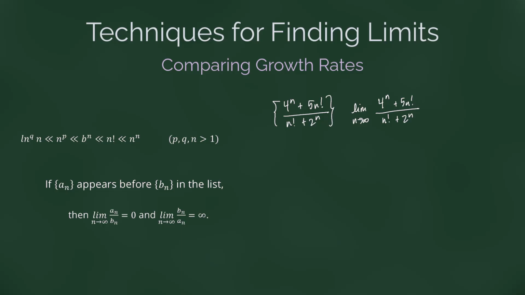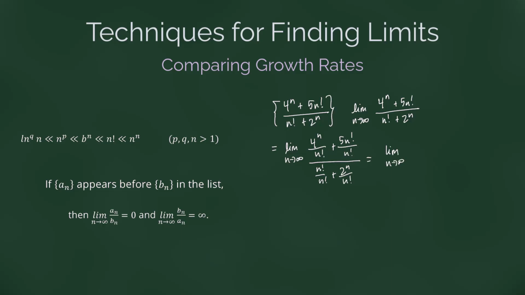We're going to divide everything through by n factorial. And so if we do that, we get 4 to the n over n factorial plus 5n factorial over n factorial, and then our denominator is n factorial over n factorial plus 2 to the n over n factorial. And then we can simplify.